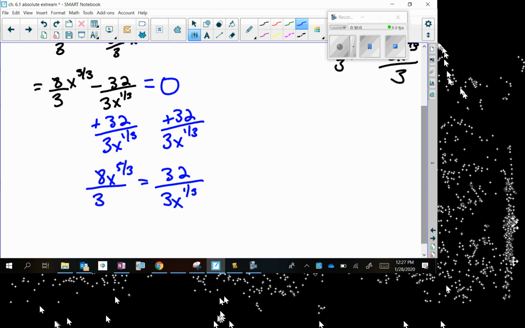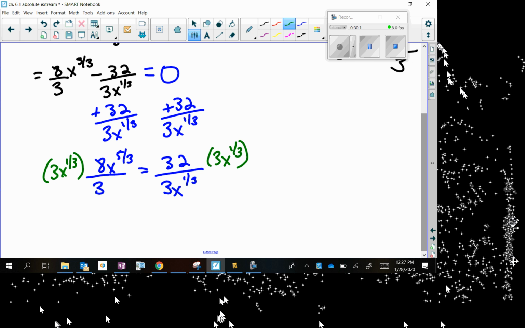So I can multiply, just like I just did, 3x to the 1/3, top and bottom. It's basically the same as getting a common denominator, only we brought it over to the other side. So these cancel out, right? What happens over here? The threes will cancel.